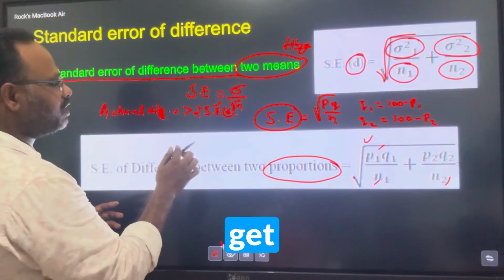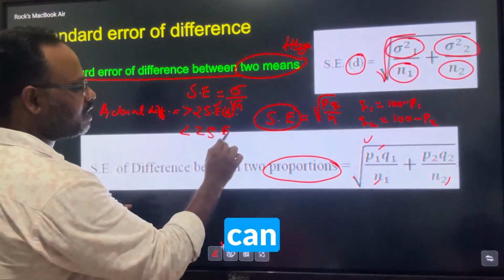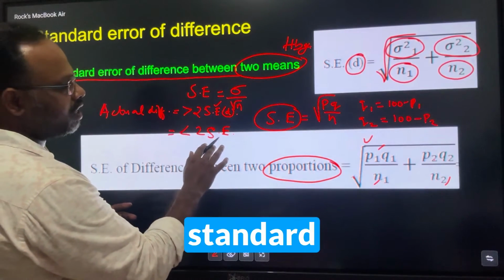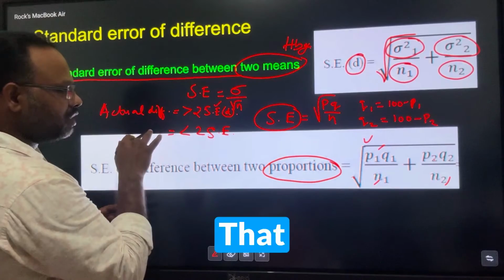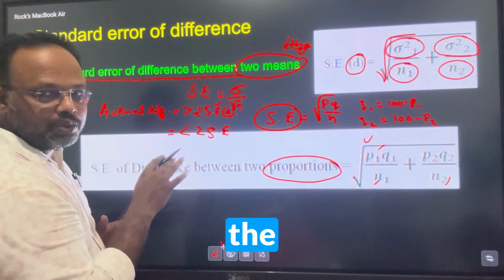If the actual difference is less than 2 standard errors, then we can say that the difference which happened between the two groups has occurred due to chance.